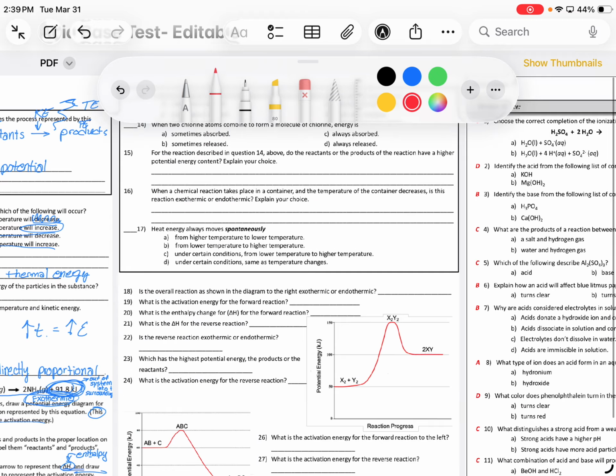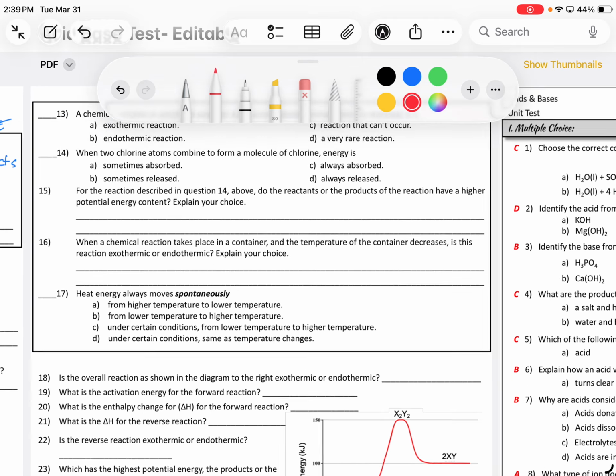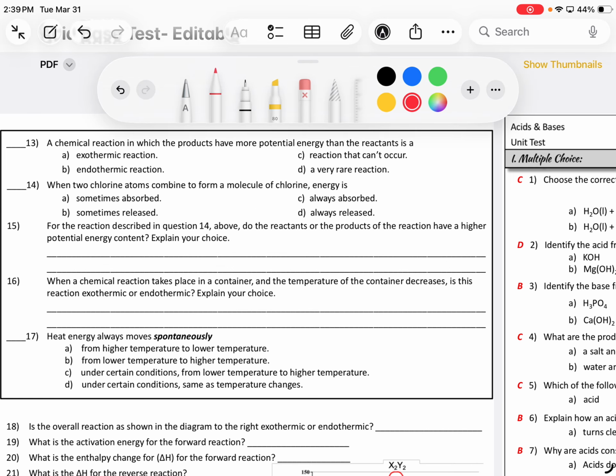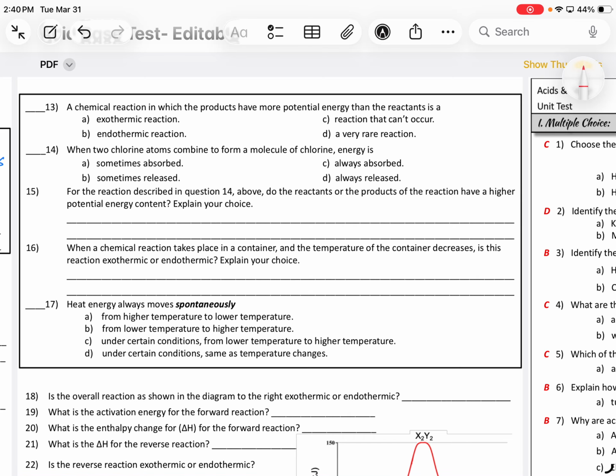Next, number 13, we have a chemical reaction in which the products have more potential energy than the reactants. Let's think about it real quick. If the products have more potential energy than the reactants, the products are up here, the reactants are down here.